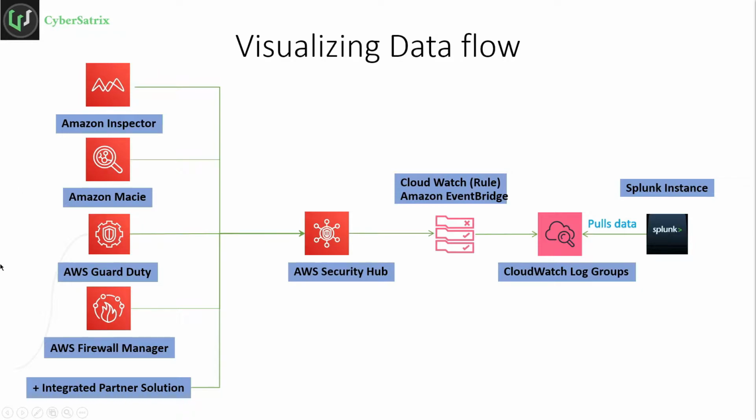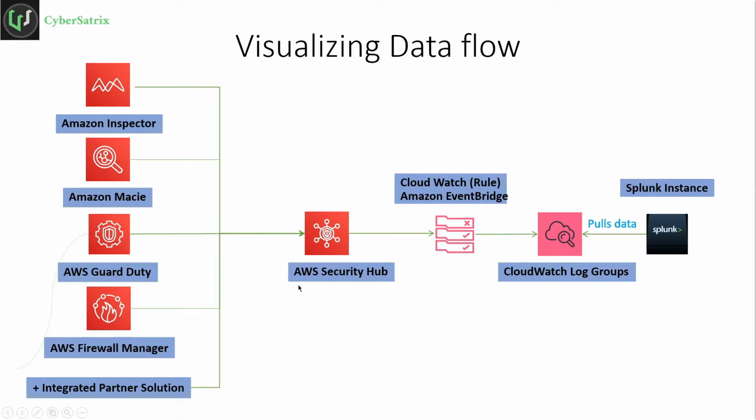So as I said, there are various products or services in AWS which will be sending their findings to Amazon Security Hub. I've mentioned a few here as Amazon Inspector, Amazon Macie, Amazon GuardDuty, Firewall Manager, and Integrated Partner Solution, right?